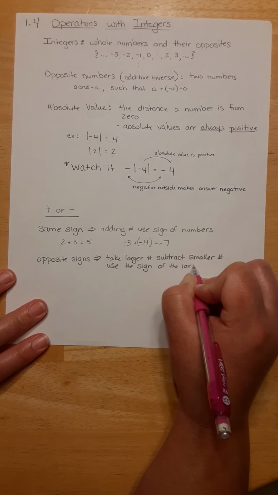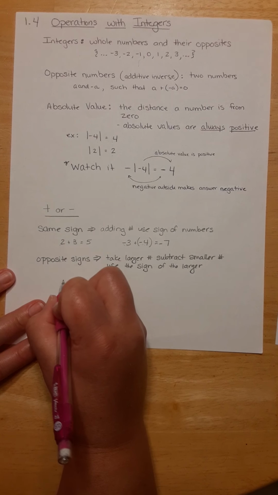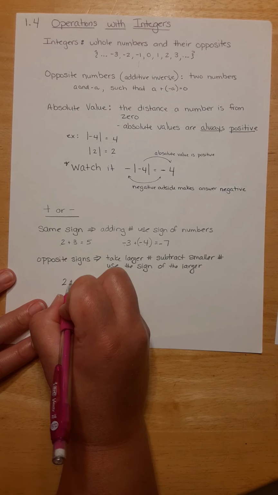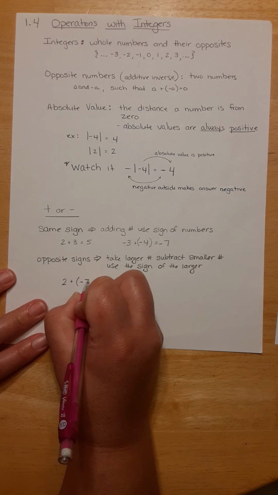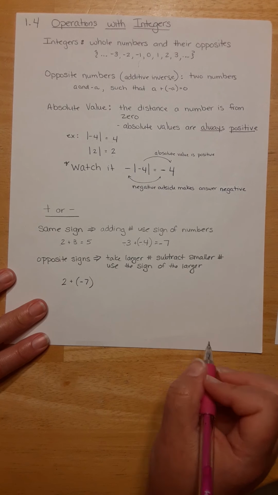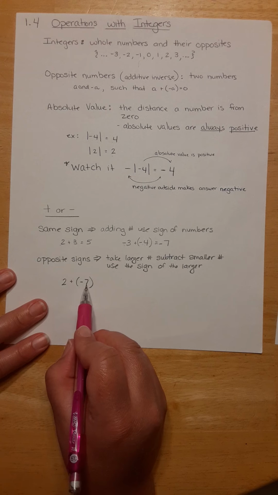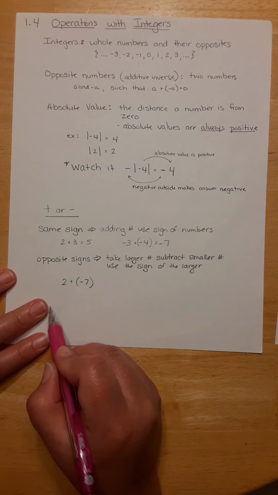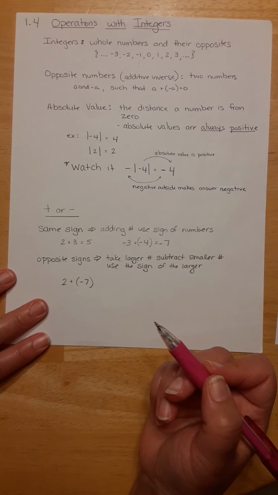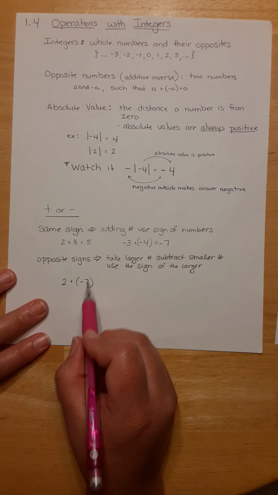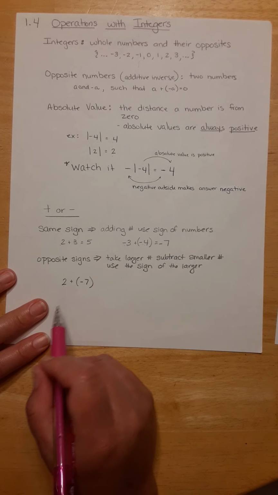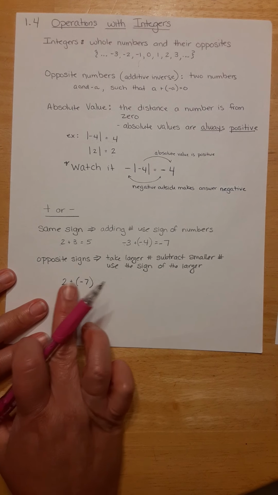So if I've got the case here, let's do 2 plus a negative 7. Okay, what am I going to do? I'm going to take my larger number, and the book talks about taking the absolute value. Basically, just like we did up above, what's the absolute value of a negative 7? It's a positive 7.